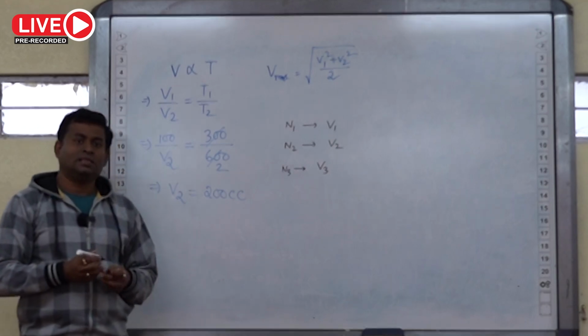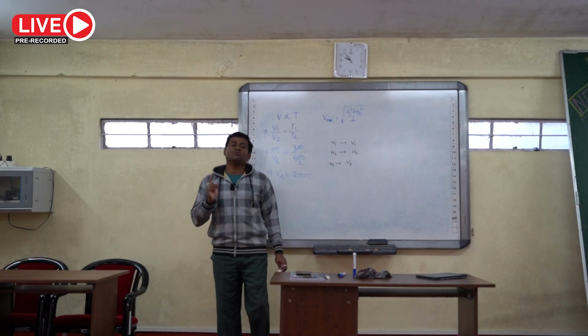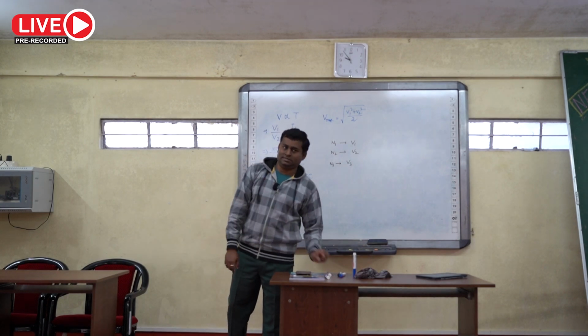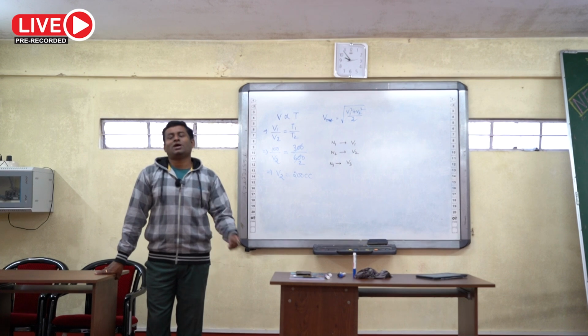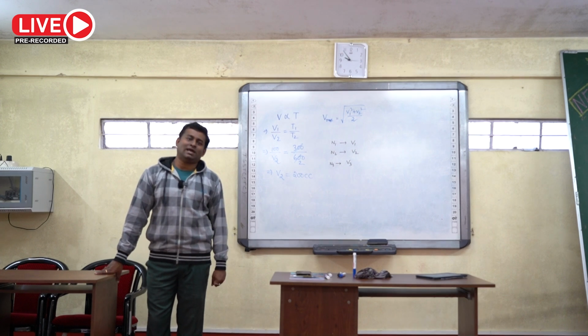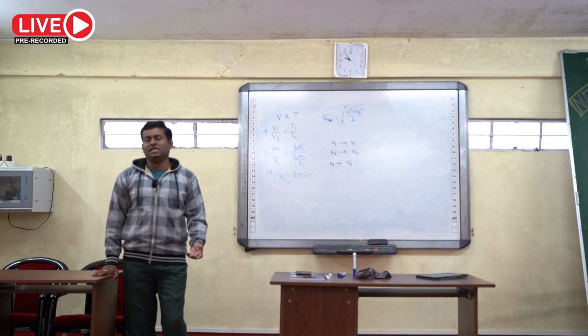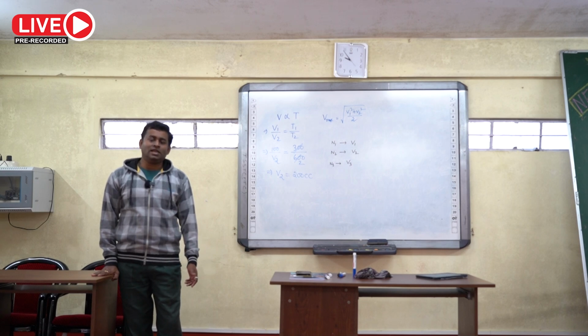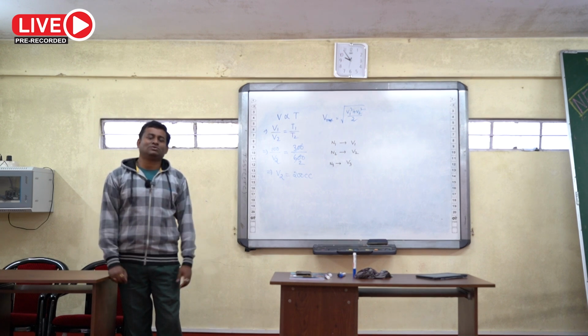Then how many molecules are moving with RMS speed? If none of the molecules are moving with the RMS speed, then why is RMS speed so important in all calculations? In pressure calculation we write P equal to 1/3 m n RMS speed square. In all calculations RMS speed will come, and none of the molecules are moving with the RMS speed. Then why is it so important?